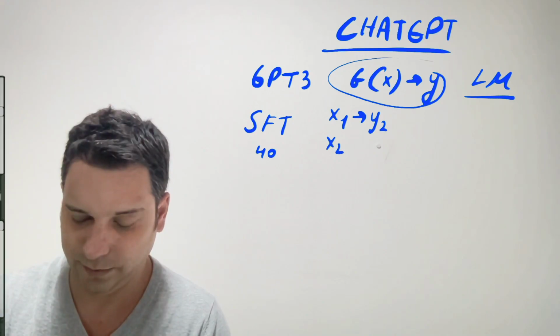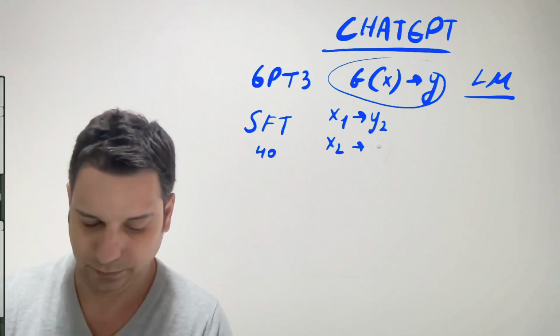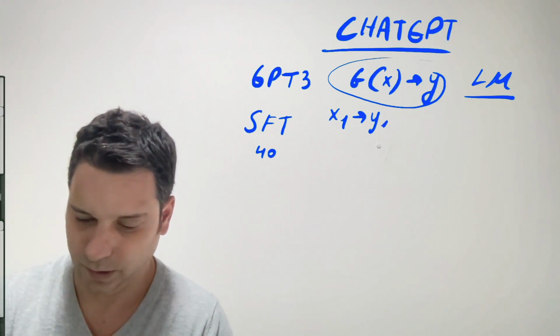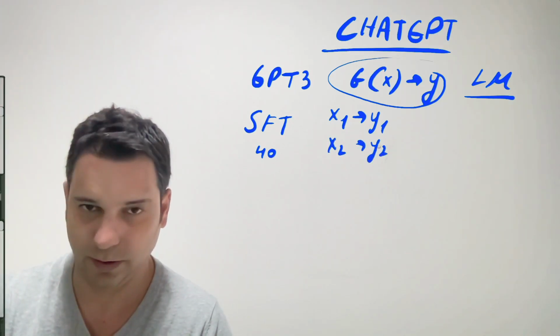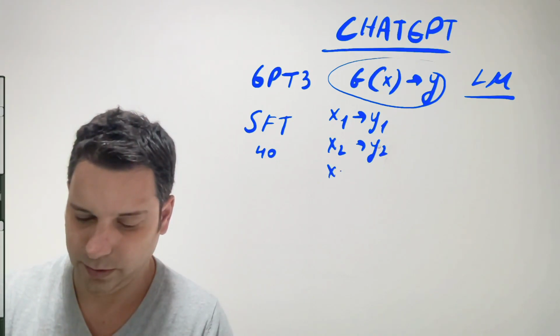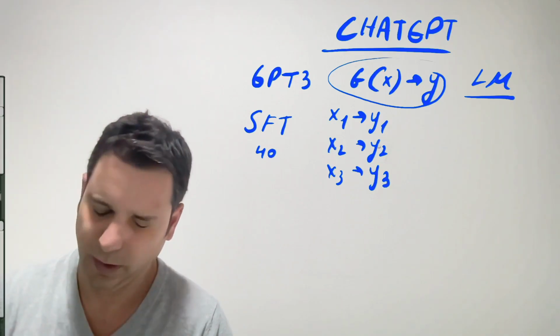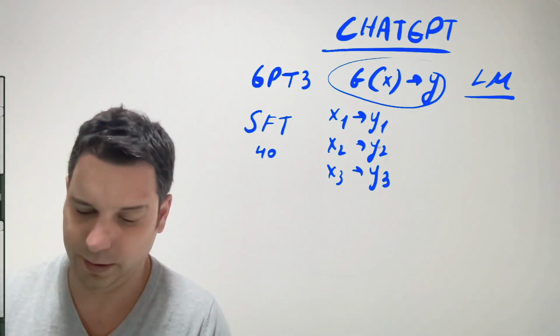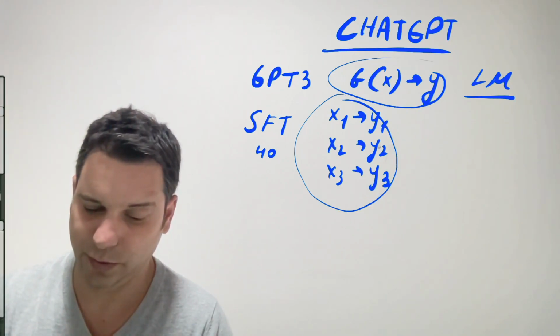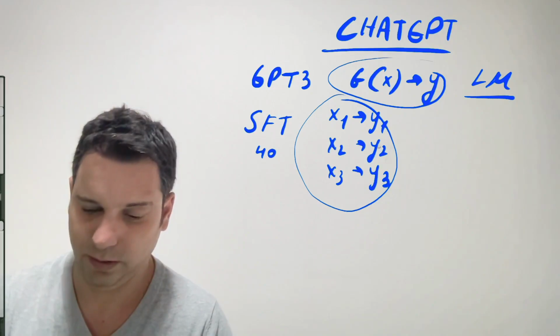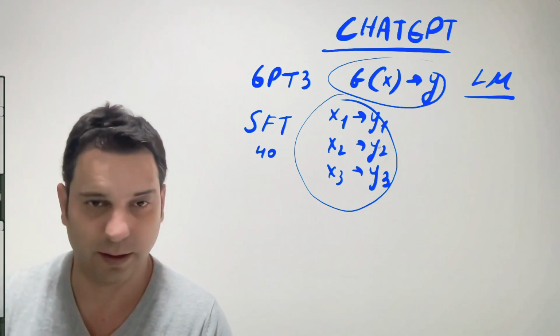They did it for various kinds of texts. For example, here another person answered a question, wrote it down, and like that you can do it as many times as you want. And then you take all this supervised data set and you train the GPT model using these texts.